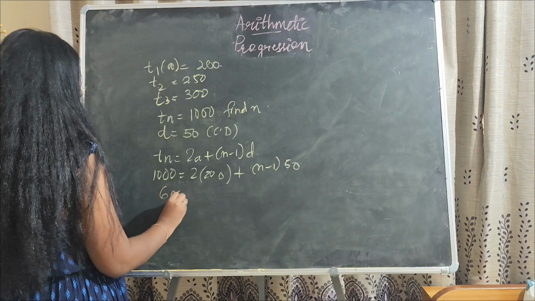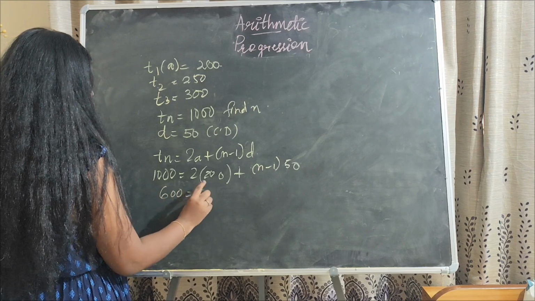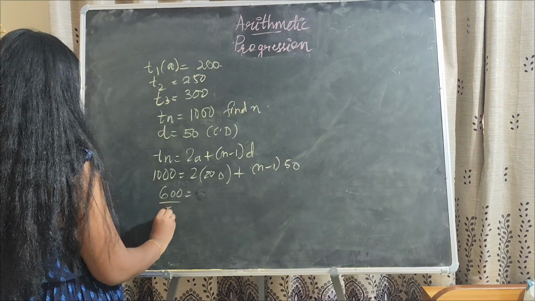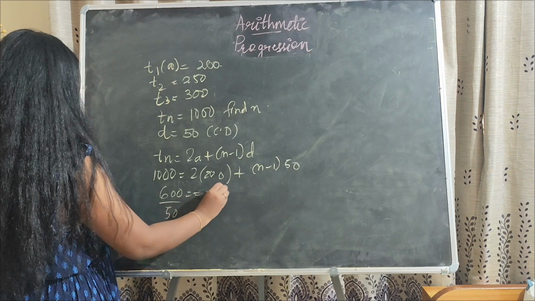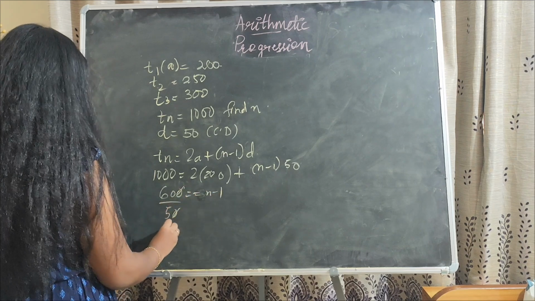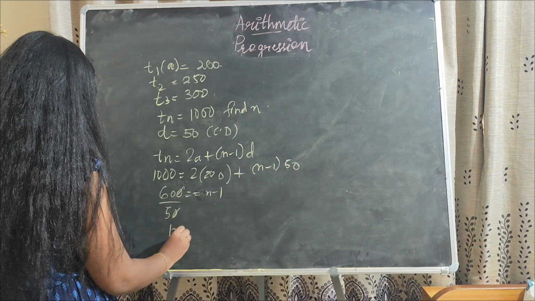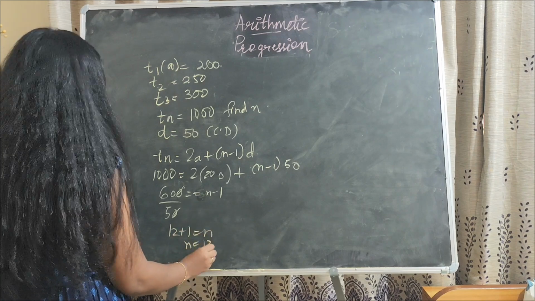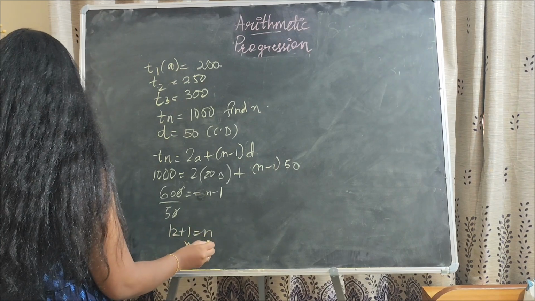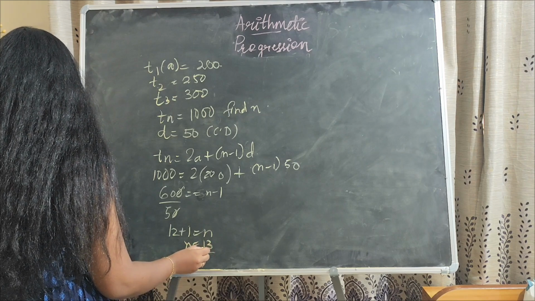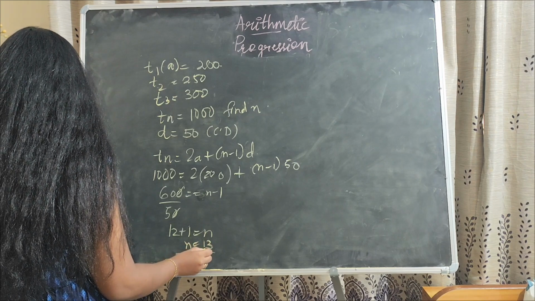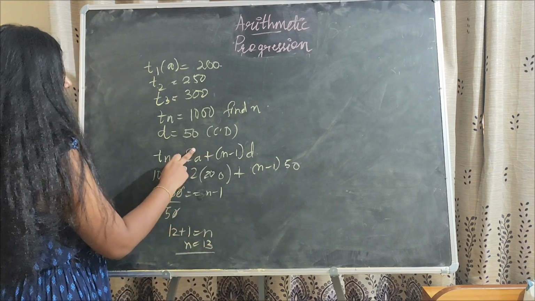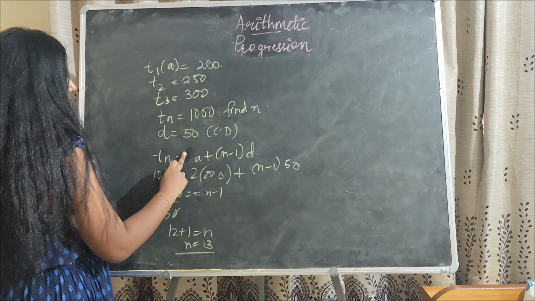This will be 600 is 50. 600 divided by 50 is n minus 1. So 12 plus 1 is n. So n is 13. Sorry, the formula is wrong. This is a plus n minus 1d.